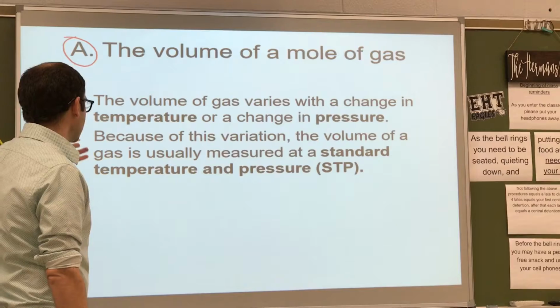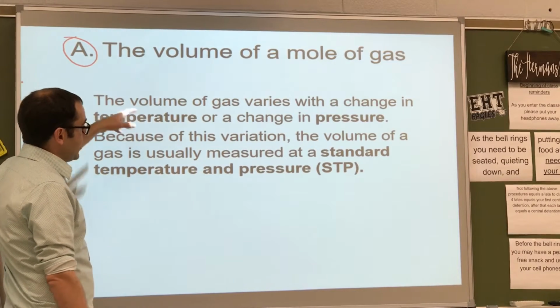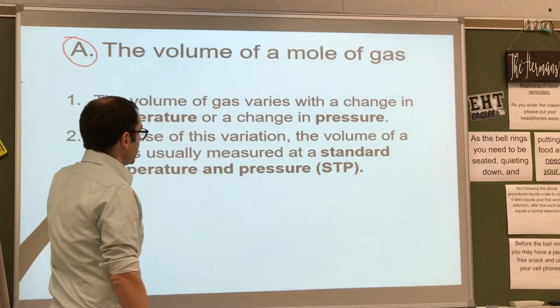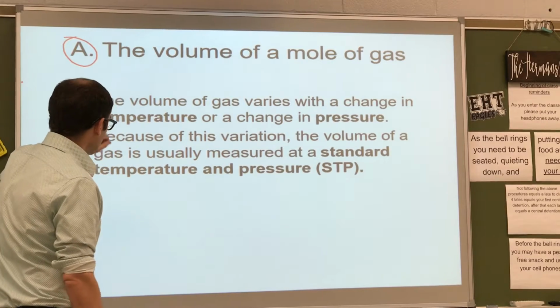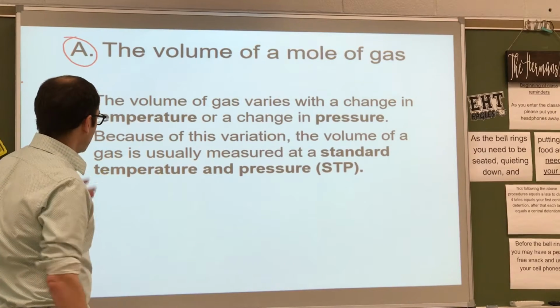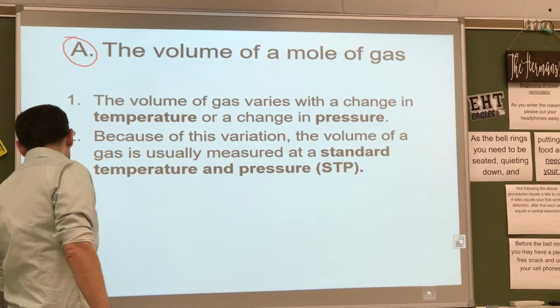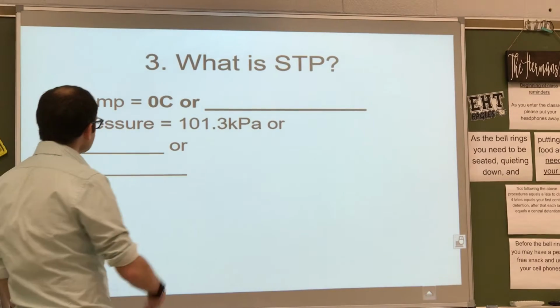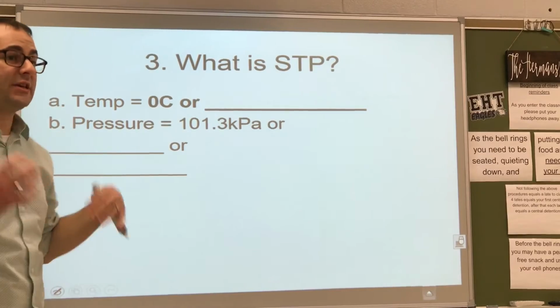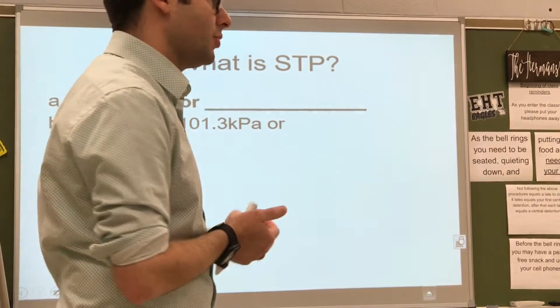And that's pretty much what it says here. The volume of a gas varies with a change in the temperature or a change in your pressure. Because of this variation, the volume of a gas is usually measured at a standard temperature and pressure. So, what is STP, or what is the standard temperature and pressure?